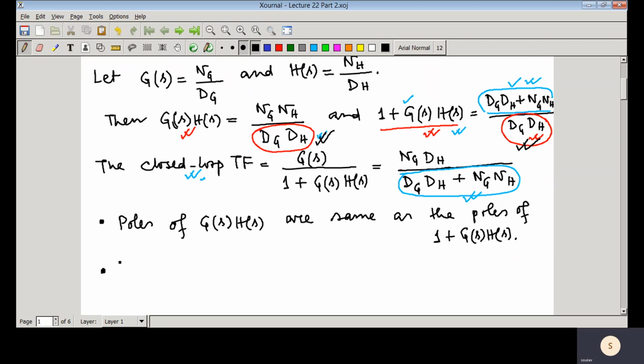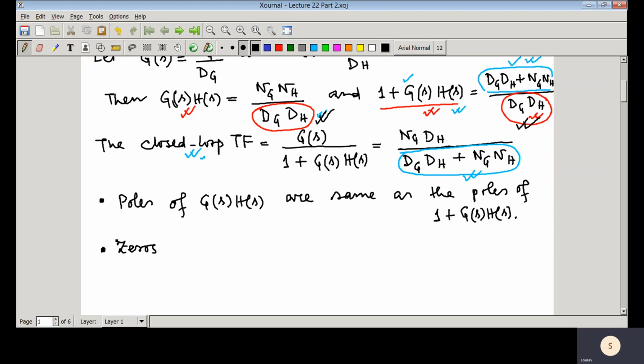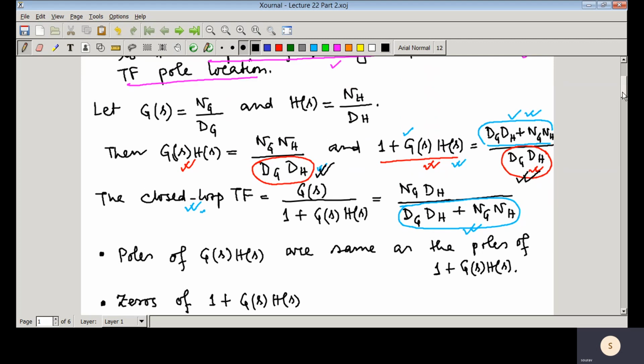The second point is the zeros of 1 plus G(s)H(s). This is very important, because this concept would be used in the criterion. The zeros of 1 plus G(s)H(s) are nothing but the poles of the closed loop system.